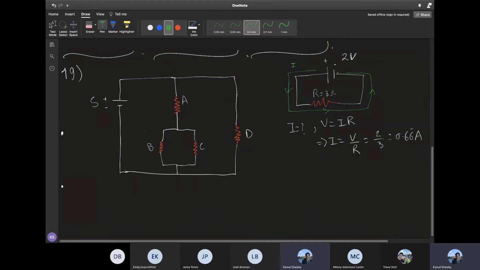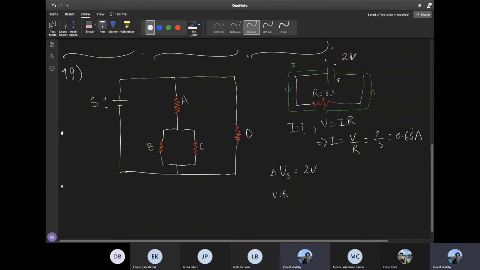So here we do have a potential difference, 2V. We call this S, being the source, so the V of S is equal to 2V. Now, for the current passing through a resistance, we know in general that V is equal to IR.